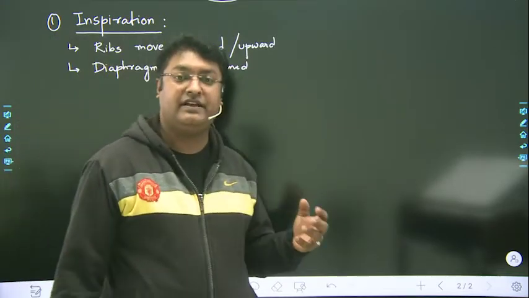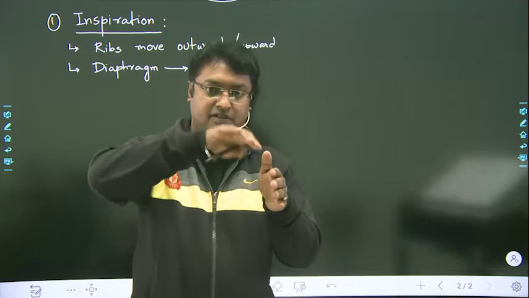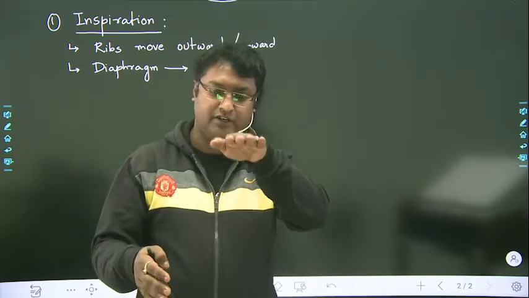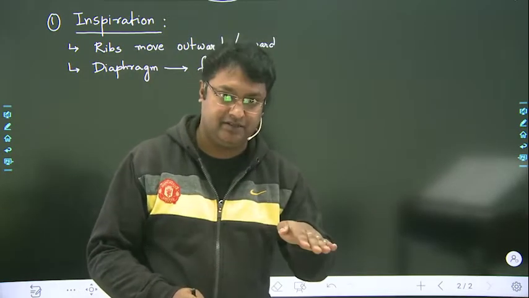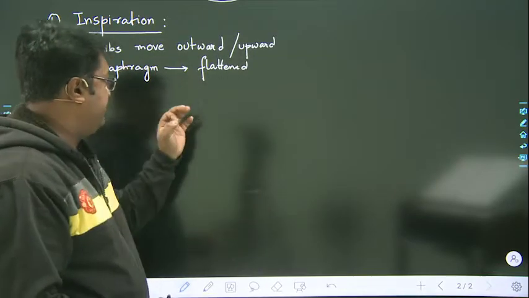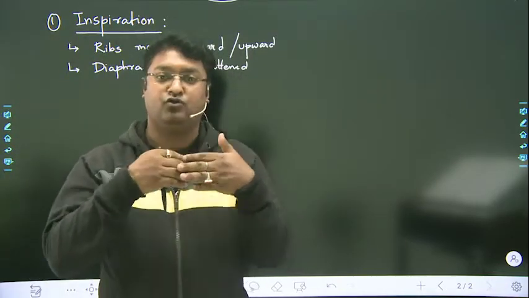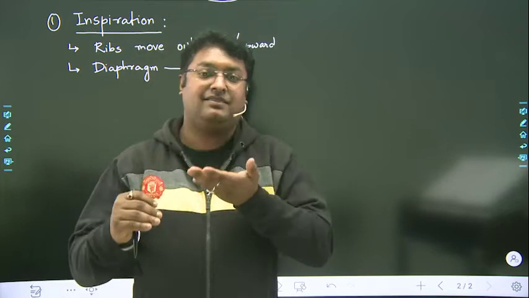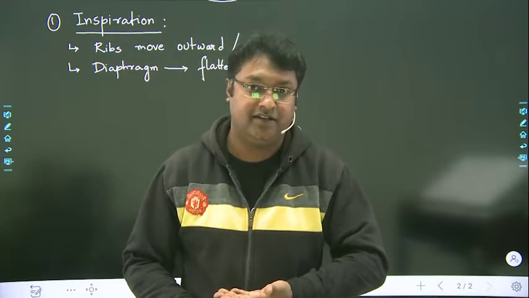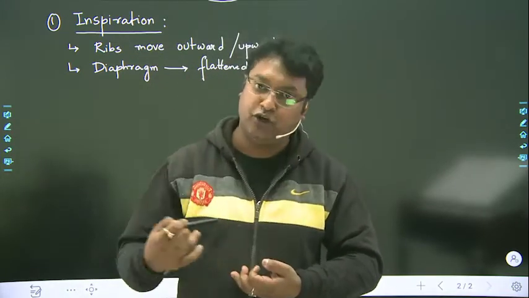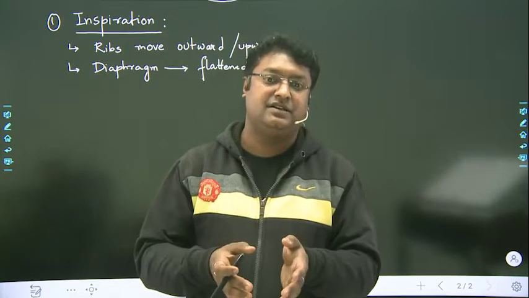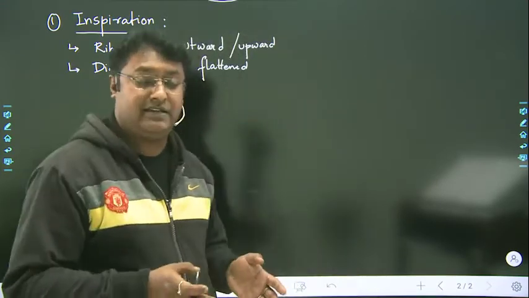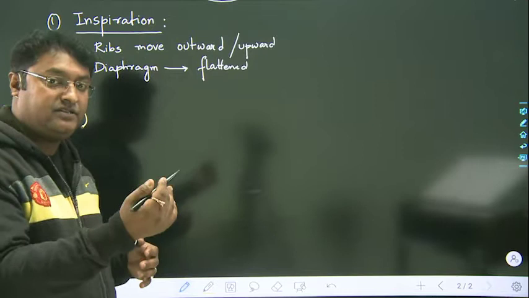The diaphragm will generally get flattened. Actually it is dome shaped, now it will get flattened. So if the ribs move outward, upward, and the diaphragm gets flat, the volume of this cavity, that is the volume of the thoracic cavity, will increase.